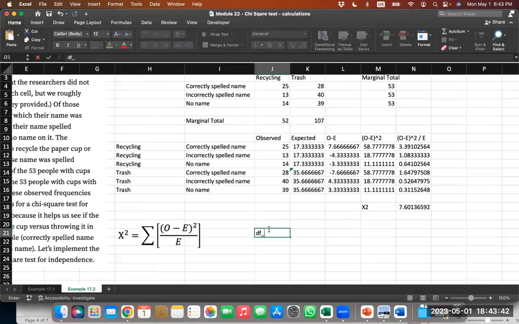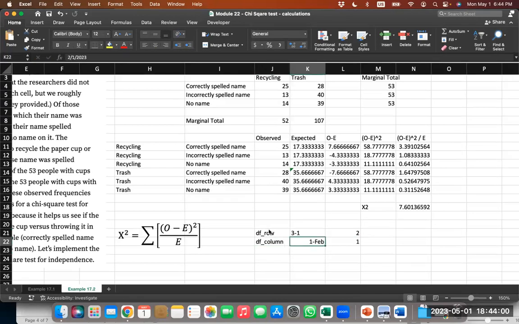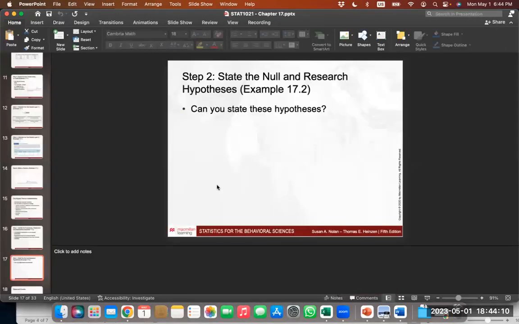So for degrees of freedom, with 3 rows, 3 minus 1 is 2. The column is 2 minus 1, that's 1. So we have degrees of freedom of 2.